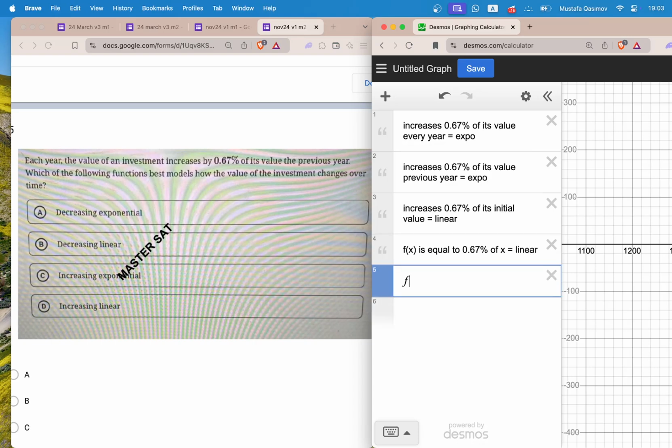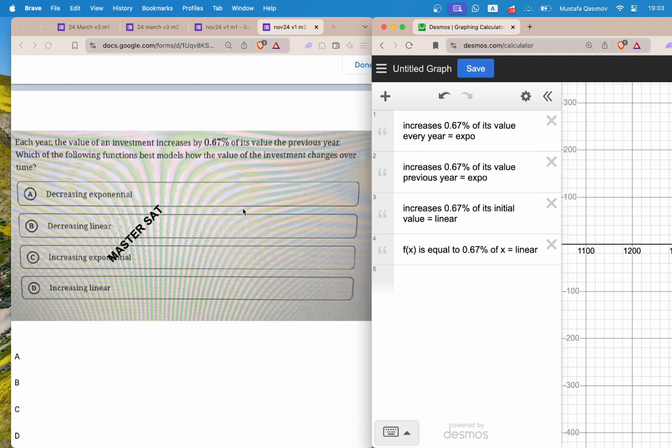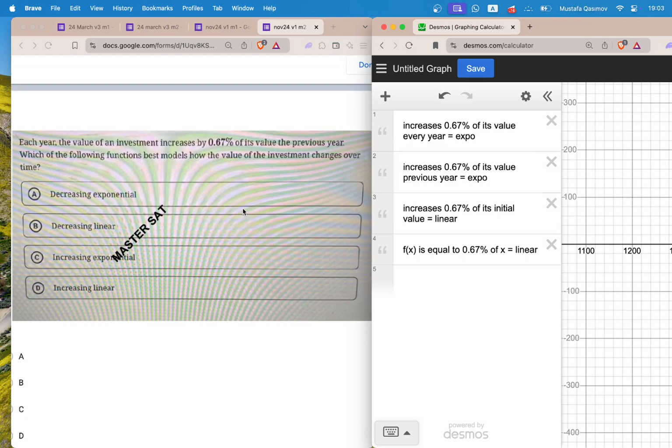Because if you write it here like this, you will get a linear function. This is a line. And if you have something like that, a printer uses 30% of paper at a constant rate. If you have constant rate, it is automatically linear. Do you have any question from this part? Okay, if you don't have, we can continue.